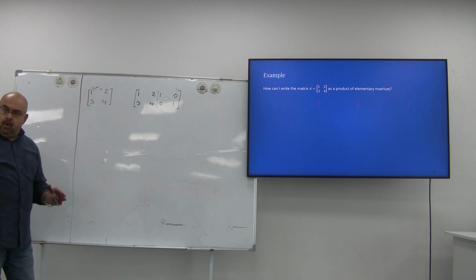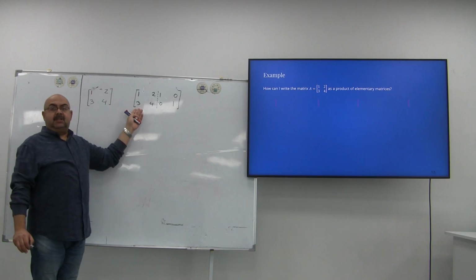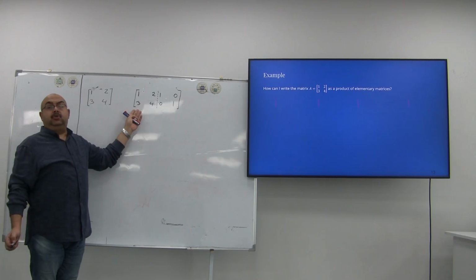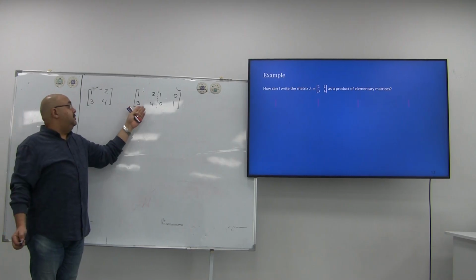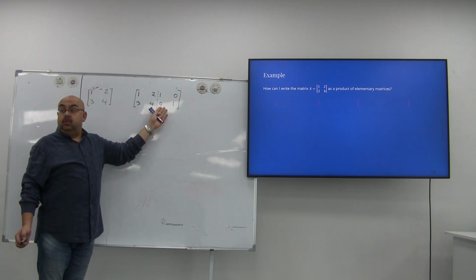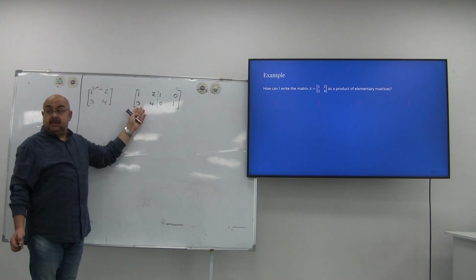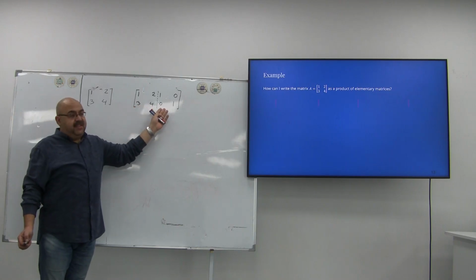I will use row operations to force this matrix to be in reduced echelon form. What do we mean by a reduced echelon form? To change this matrix to be a unit matrix. What's going to appear here is the inverse. So once more, I will change this matrix to be a unit matrix, and what's going to happen here is the inverse.